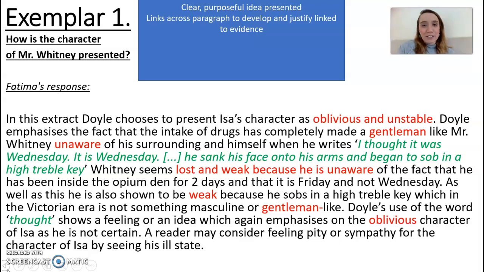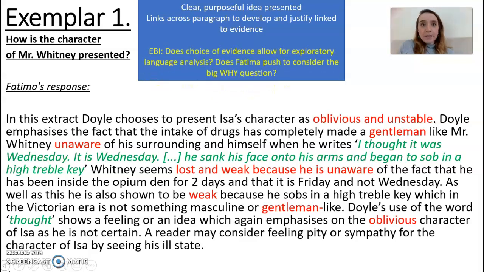So really well done to Fatima. You can also see that she's introduced her quotation and then she has referred back to it. So she refers back to the word thought, and she also refers, which I haven't put in green actually, to the phrase high treble key. So she does unpack her evidence and she continuously links that back to her main idea, which is great.